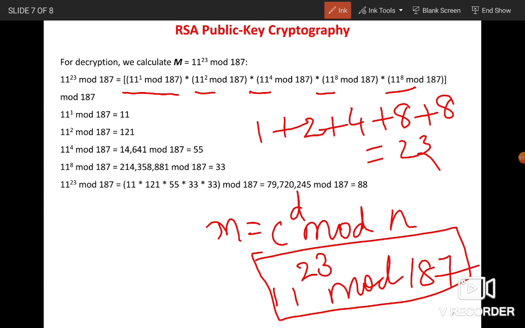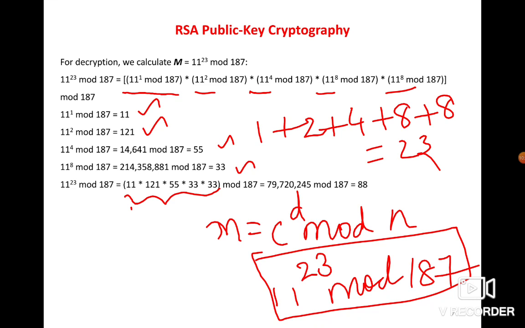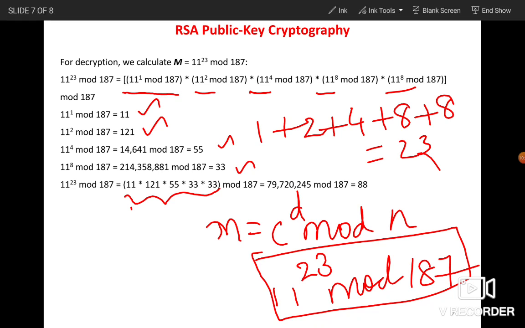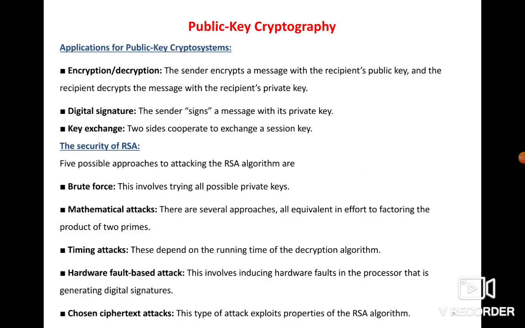So we have split the problem into smaller problems and calculated each subproblem value. Finally, you can combine the subproblem values to get the final answer. When we combine the subproblems, we will get the original plain text. So it is 88. This is how we are solving the problem using the RSA algorithm.